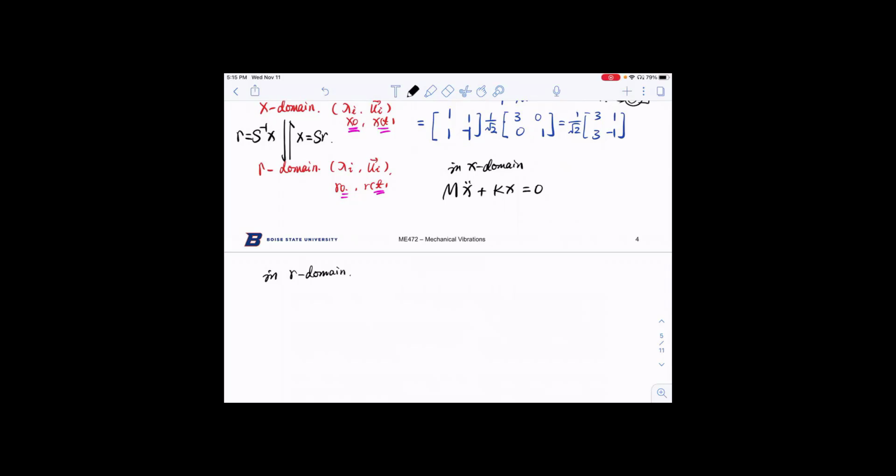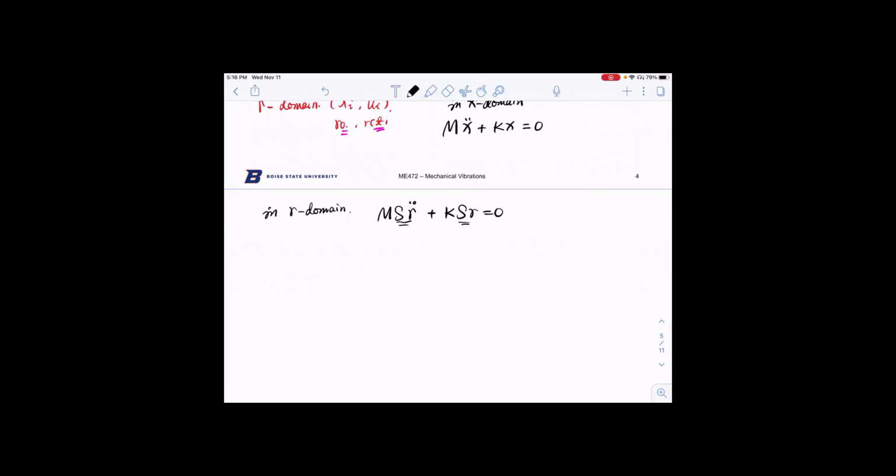In order to convert the X equation to R domain, what we need to do is we replace all the X by SR. So you have M S R double dot plus K S R equal to 0. Right? We just apply the coordinate transformation. That's the key.